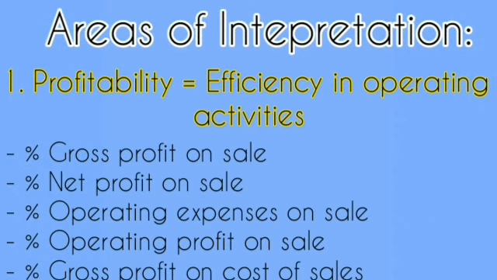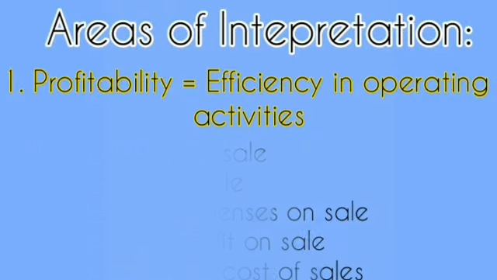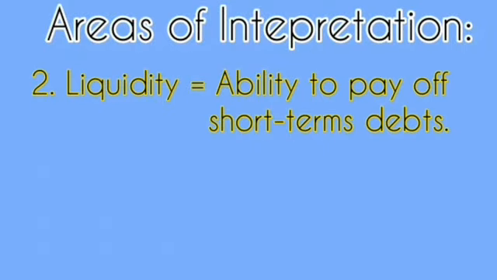You will see all of those indicators talk about sales and cost of sales and the expenses. These are the operating activities, the day to day. At the end of the day, for us to sell a product, what would have taken place and how much profit would we have made and how much is our sales.